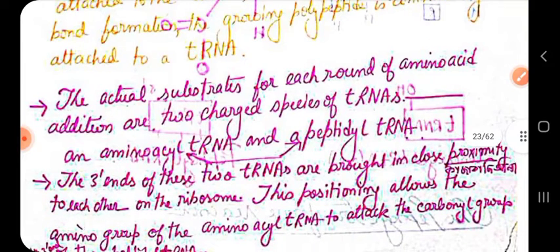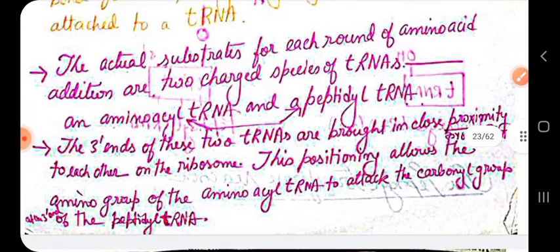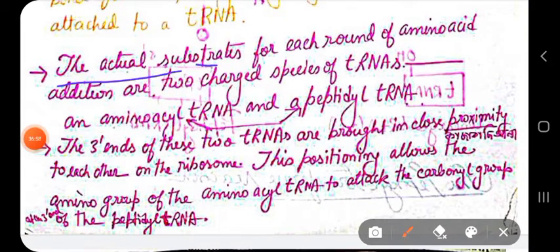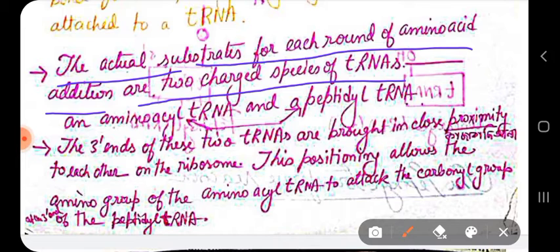And the actual substrates for each round of amino acid addition are two charged species of tRNA. So which are the substrates which are going to do this reaction? Obviously the tRNAs that have the amino acid attached to them, that is the charged tRNAs.